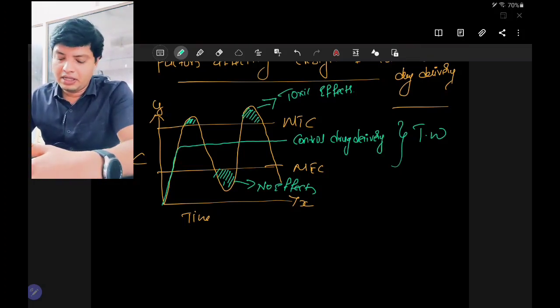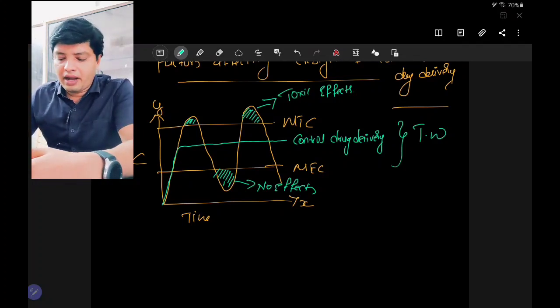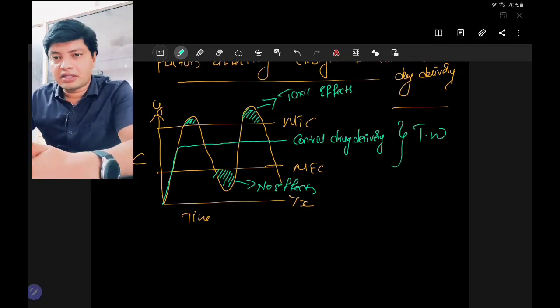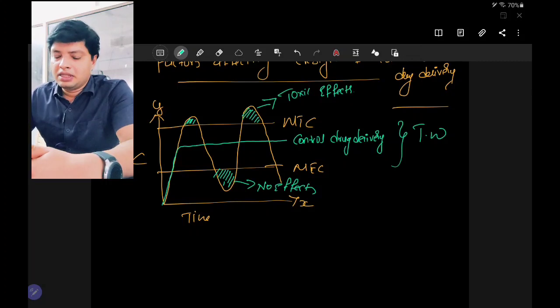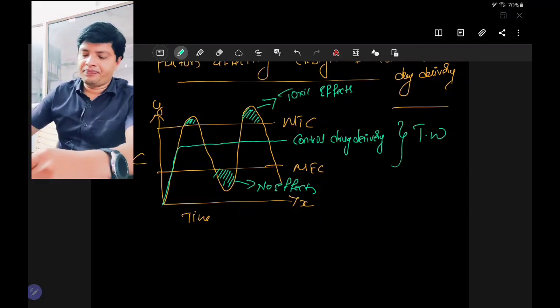See, this is the controlled drug delivery. You can clearly see here there will be no ups and downs in the plasma drug concentration of the given drug. So this will avoid unwanted side effects or no effect caused by the low concentration of the drug below the minimum effective concentration.